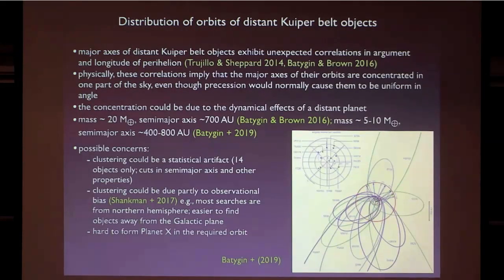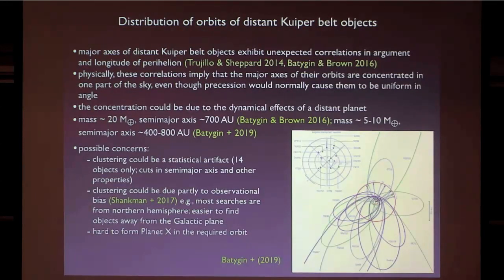You wouldn't expect that normally because precession due to the giant planets ought to isotropize the orbits. And Batygin and Brown in particular have argued strongly that the only way to explain this is the presence of an extra planet. The mass of the planet has varied between about 20 Earth masses and 5 to 10 Earth masses, and the semi-major axis is around 500 to 1,000 astronomical units.